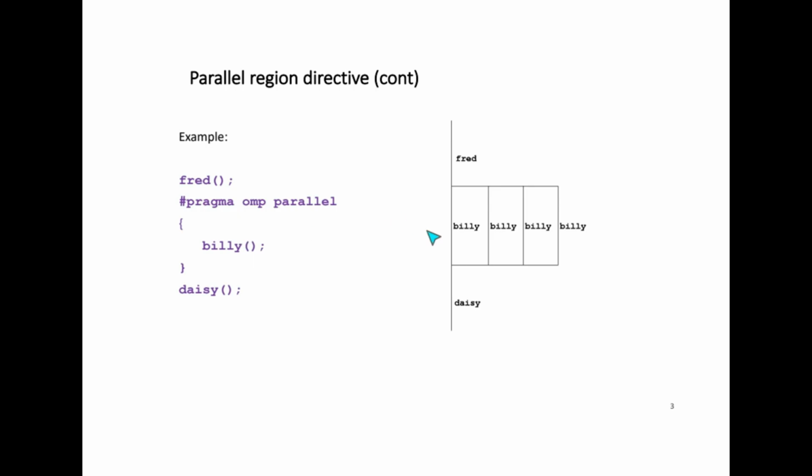All the threads, and I've shown 4 here in total, including the master thread, will execute the function Billy here. And then there's this synchronization point at the end. The master thread waits at the end of the parallel region for all the other threads to finish executing Billy, and then it carries on executing sequentially again with Daisy.